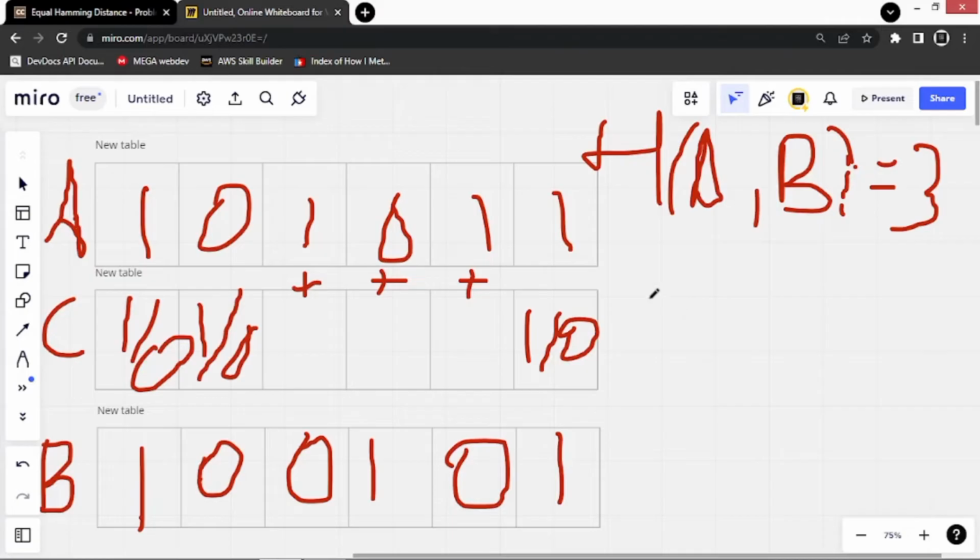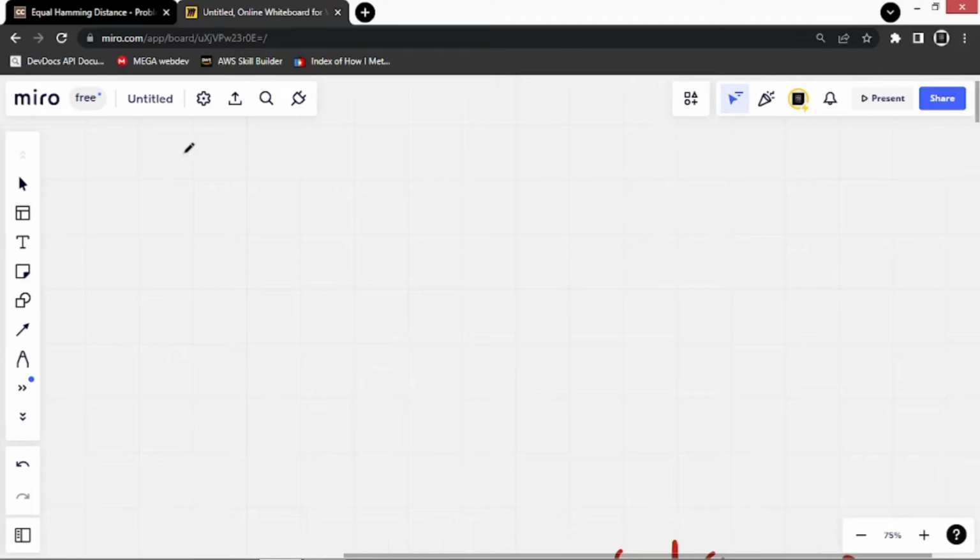For the count variable, for the positions where the strings are different, we have pockets where the two strings are different.